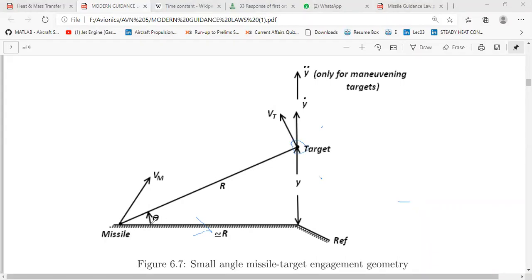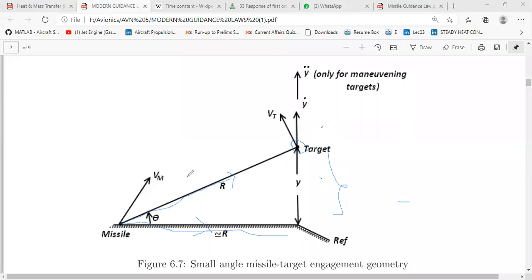Now, if you have to keep the missile in this direction, this is the actual trajectory of the missile if you want to hit the target, right? Now, if you are not applying any latex command, means missile will be traveling in this direction and it will be missing the target. So this will be the distance it will miss. That is the miss distance if you are not applying any latex command.